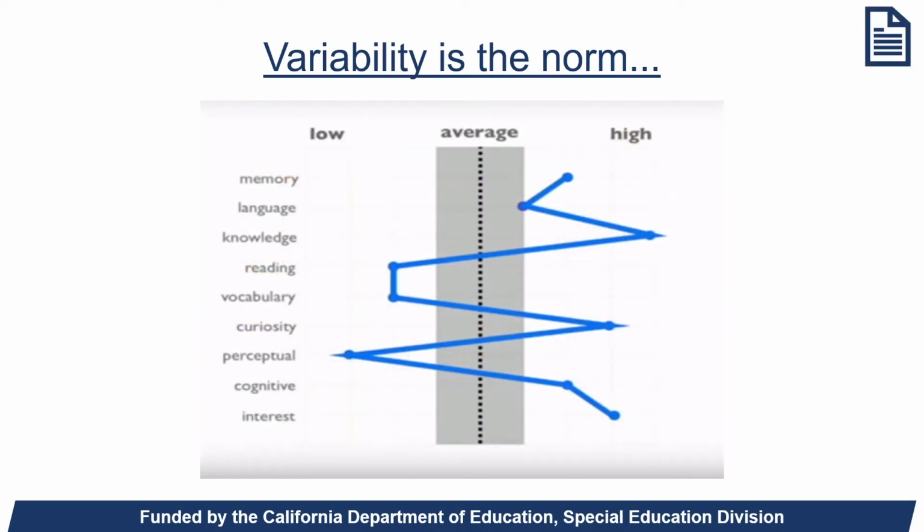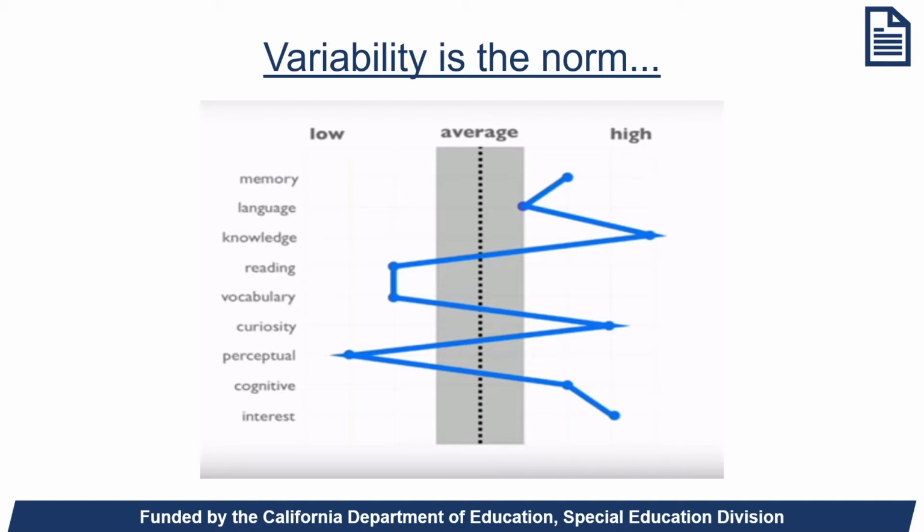The same is true when we look at individual differences in learning. Every person comes to the school setting with differences in their memory, language, knowledge, reading, curiosity, vocabulary, perceptual skills, cognition, interests.